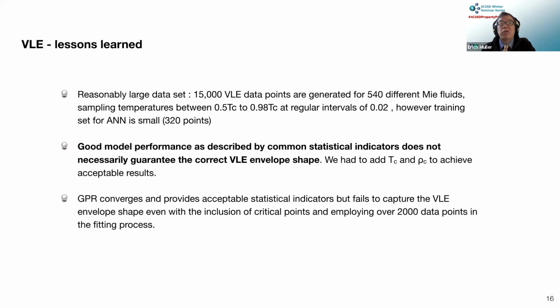We actually tried to run this with Gaussian processes. We got good numbers, but when we looked at the VLE shapes, they weren't good. Even when we included enormous amounts of data points, it simply didn't work. So that was a strange take-home message.